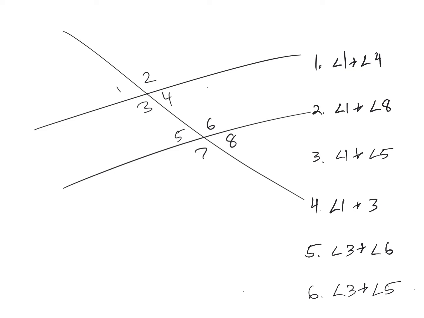All right, so angle 1 and angle 4 are vertical angles. Okay? Number 2, angle 1 and angle 8 are alternate exterior angles. All right, number 3, angle 1 and angle 5 are corresponding.